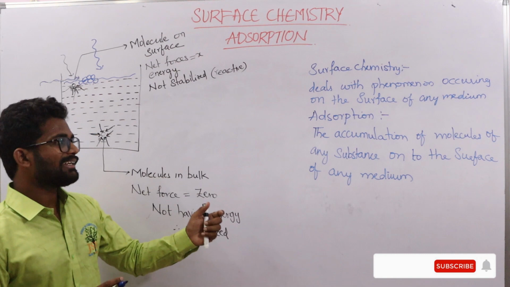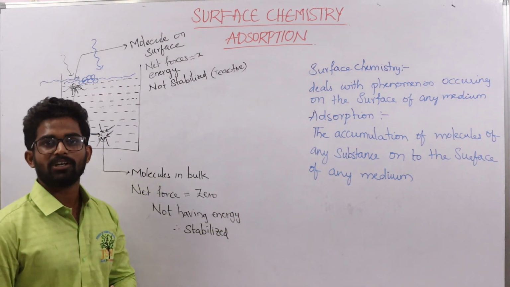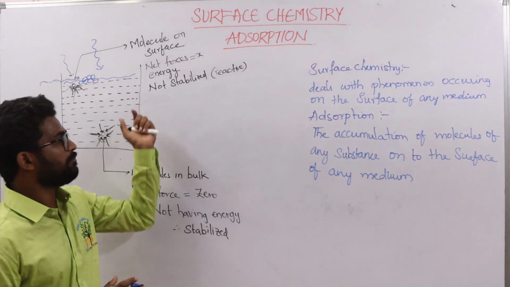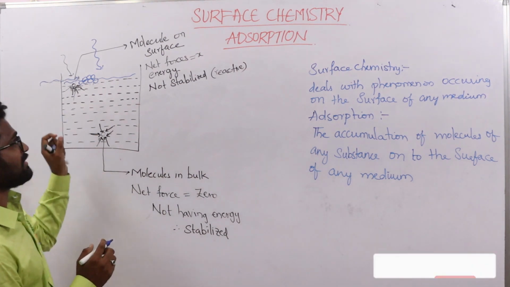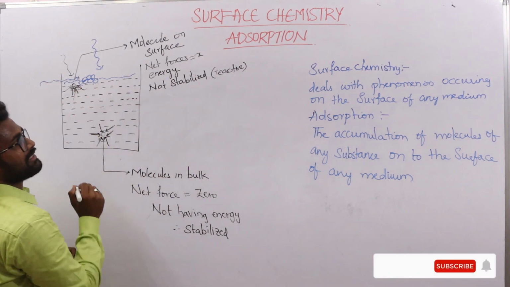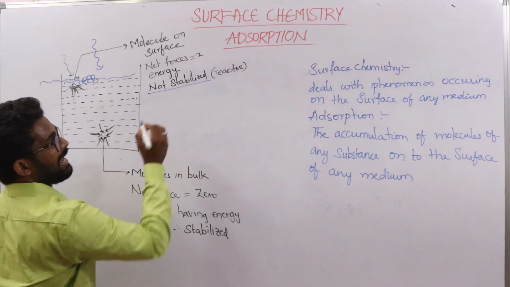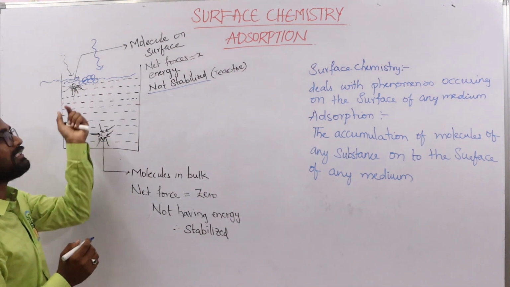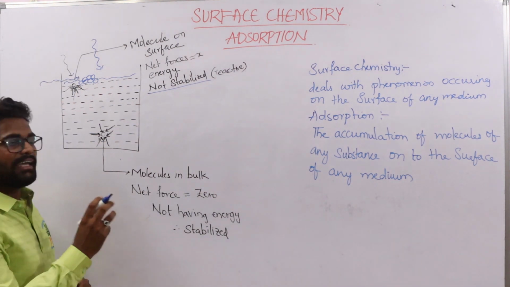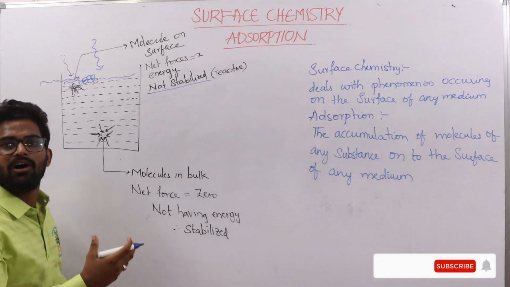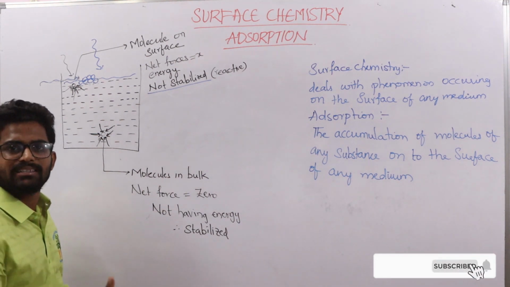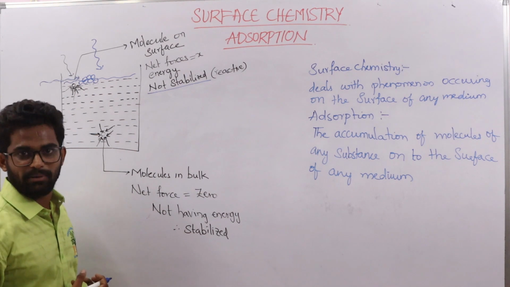Now let us see why this adsorption process occurs in the medium. We are saying that the molecules on the surface are not stabilized because of the unbalanced forces acting on them. In nature, all molecules always try to attain some stability.